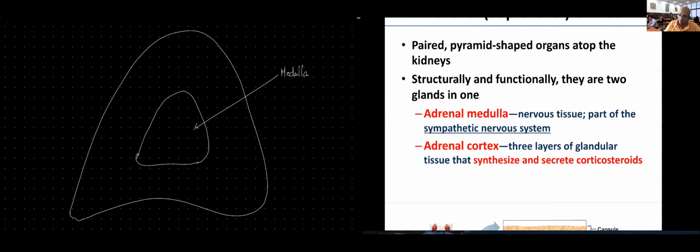And the outer part of the adrenal gland, this is going to be the adrenal cortex. The adrenal medulla is going to be stimulated by the sympathetic nervous system, and it's going to be responsible to release the adrenaline or the epinephrine and norepinephrine.